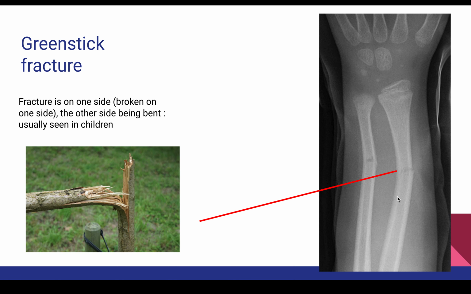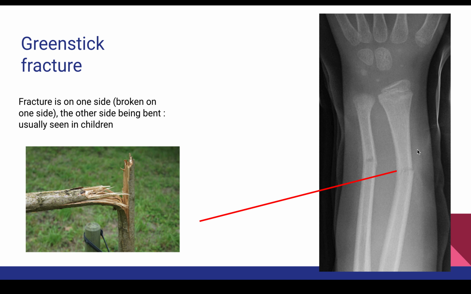What's a Greenstick fracture? A Greenstick fracture is often seen in children, and what you will see is you will have a fracture on one side of the bone. Here's one side of the bone and here's a fracture. The other side of the bone will be bent. So one side of the bone is fractured, and what's significant is that usually when you have these fractures, the side of the bone with the fracture on is usually the one that's bending.